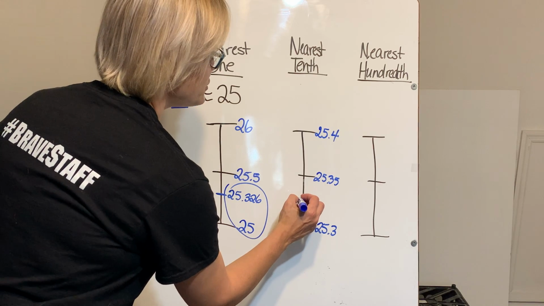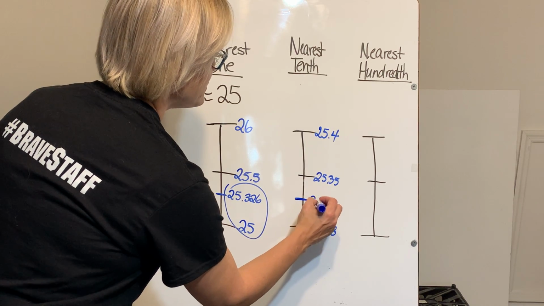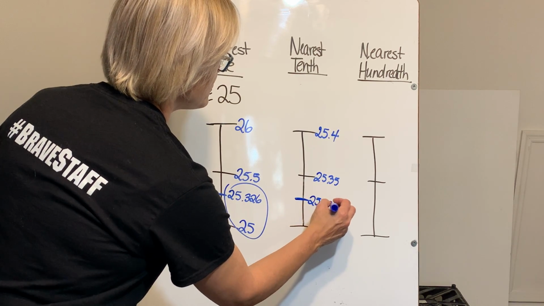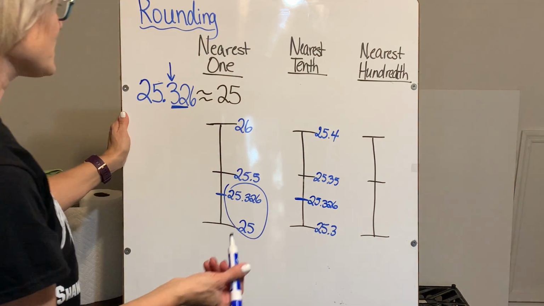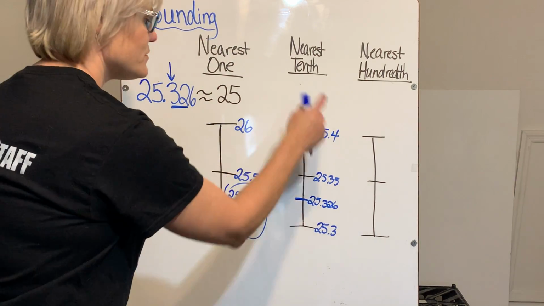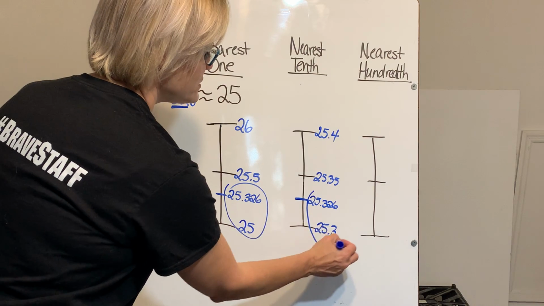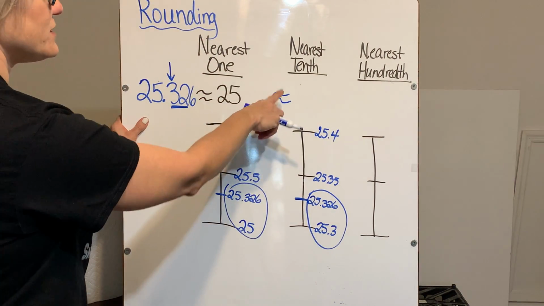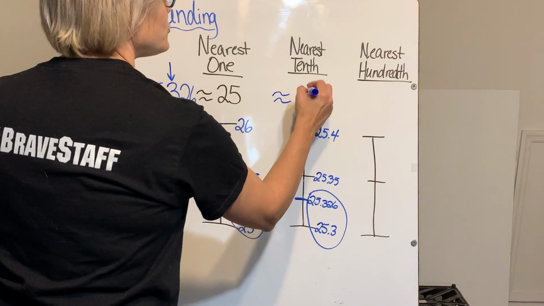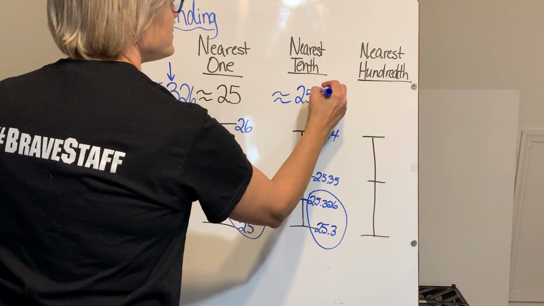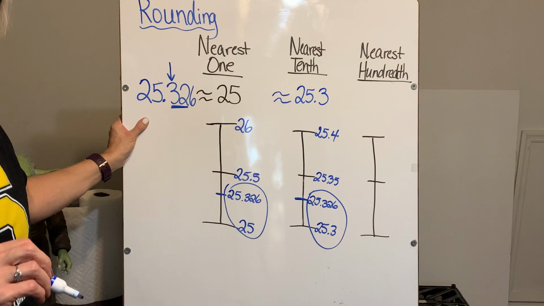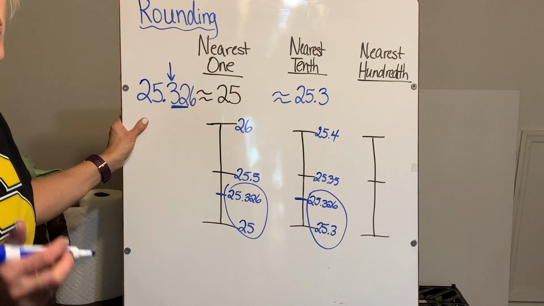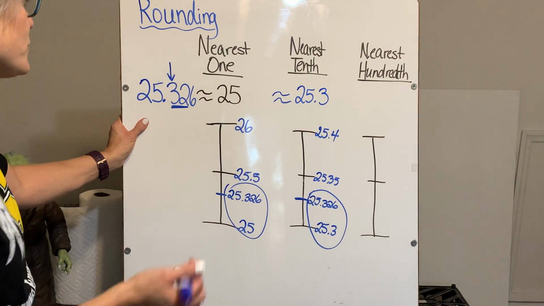So 32 is going to go right about here. To the nearest tenth, it's going to round down, and it's approximately 25 and 3/10.